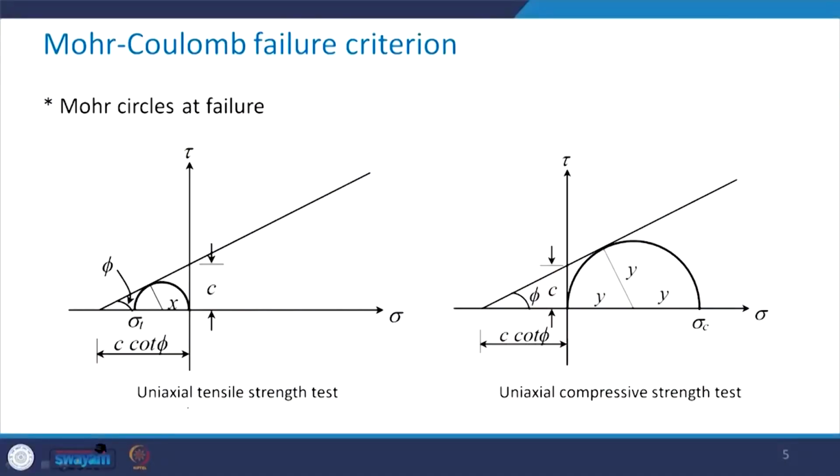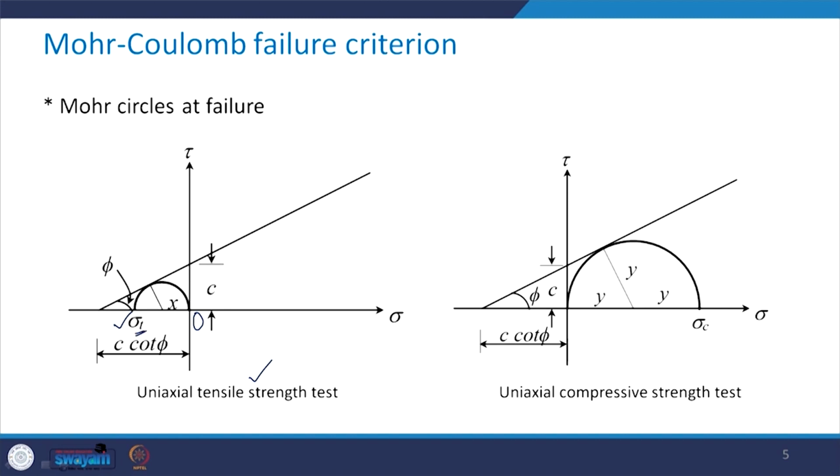Take a look here. The first figure gives us the idea about the uniaxial tensile strength test. So, whatever is the strength that we have is sigma t. This point is 0, so it is on this side of 0.